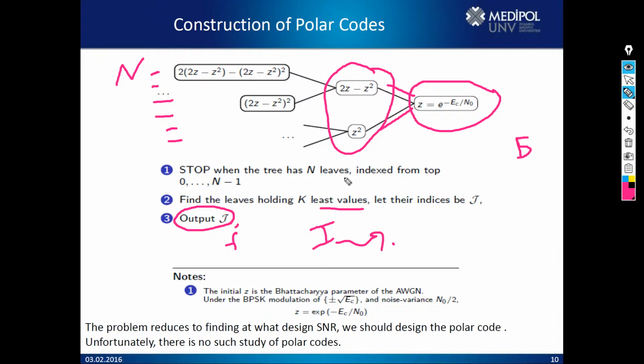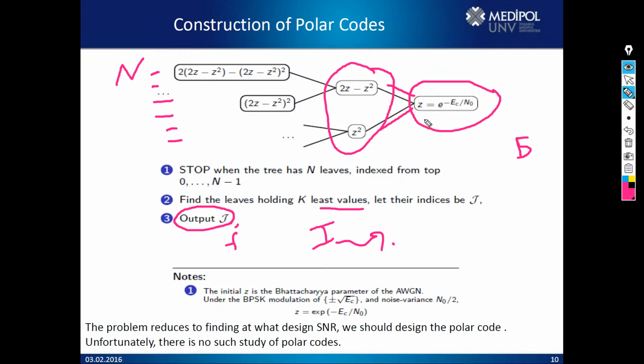There are several studies on this issue of the design signal to noise ratio, Ec over N naught. Basically the question is what signal to noise ratio you should consider as a starting point for your design.